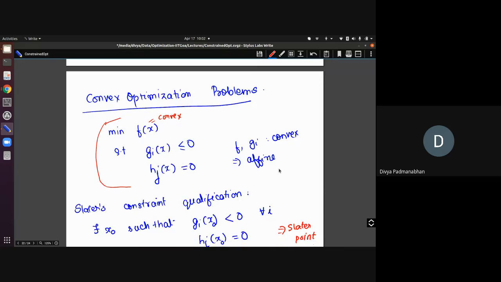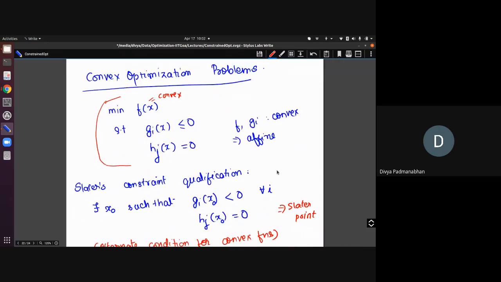Now, an alternate condition instead of regularity, you can also check for what is called the Slater's condition. What it's telling you is that, for such a problem, if there is a point which is in the interior for all these constraints, so suppose this is the convex region, and here there is an interior point. Let me just write it. This is maybe too simple a constraint.